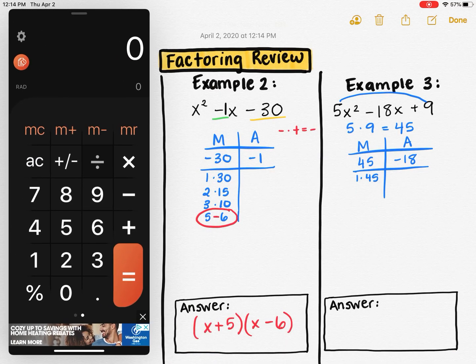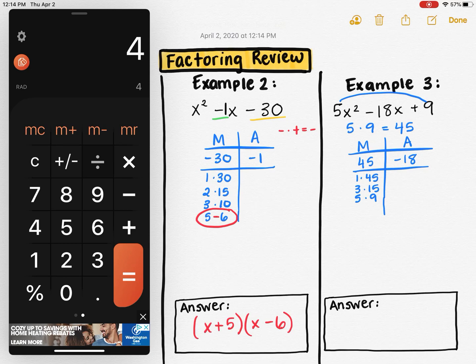Put it over here. 45 divided by 2, that doesn't work. I can try 3. 45 divided by 3, that's 15. So I have 3 times 15. 45 divided by 4, that doesn't work. 45 divided by 5 is 9. I already know that because I multiplied 5 times 9 to get 45.